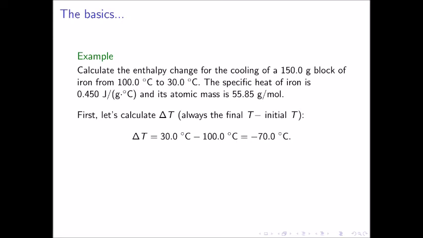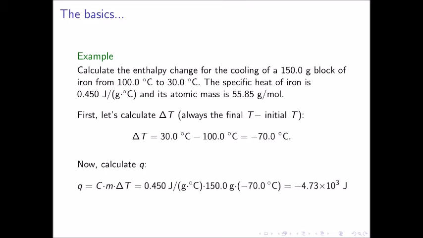First, we have to calculate delta T. Remember that this is always calculated as the final temperature minus the initial temperature. So that delta T is 30 degrees Celsius minus 100 degrees Celsius, which gives a value of negative 70 degrees Celsius.